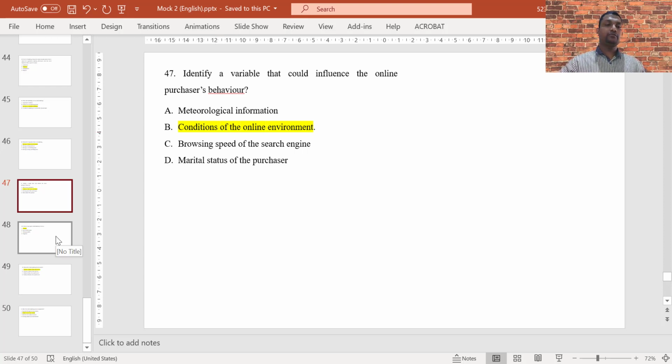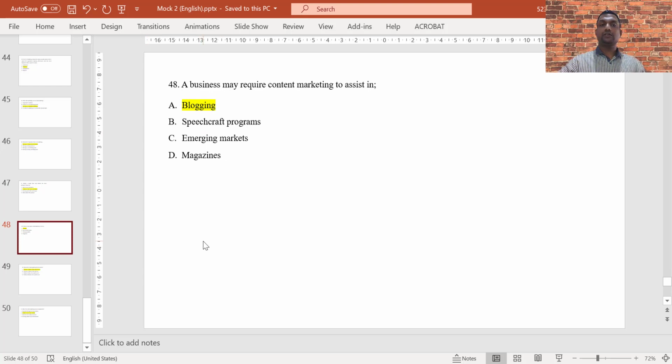Question number 48. A business may require content marketing to assist in, these are the 4 items given: blogging, speechcraft programs, emerging markets, and magazines.